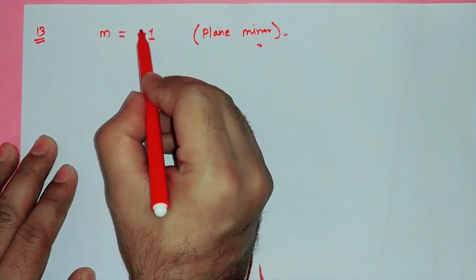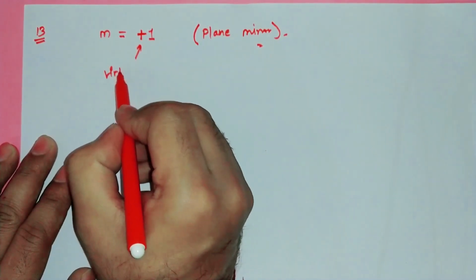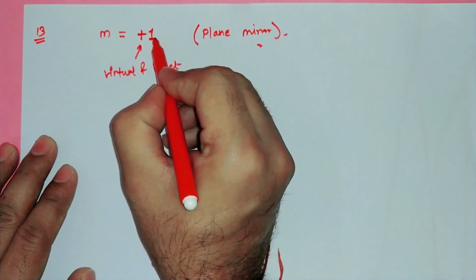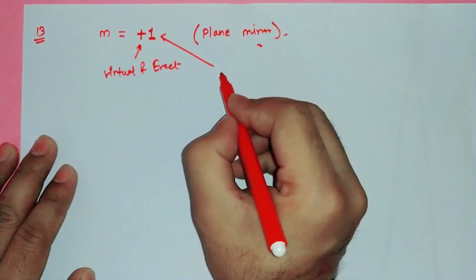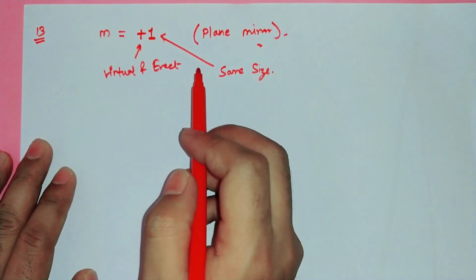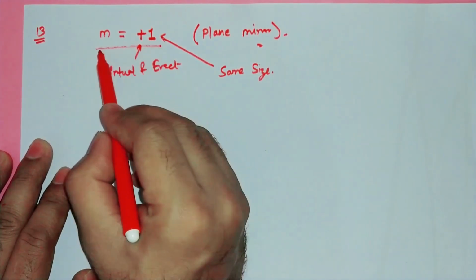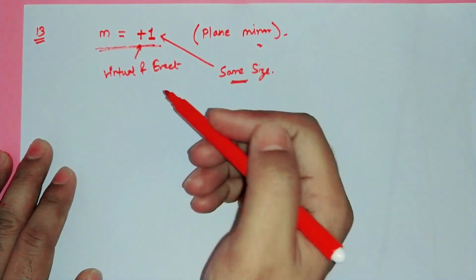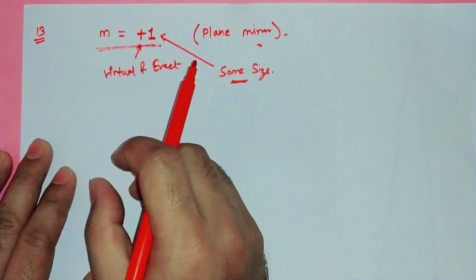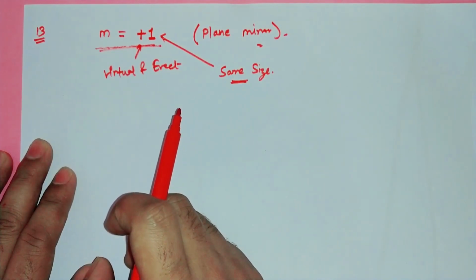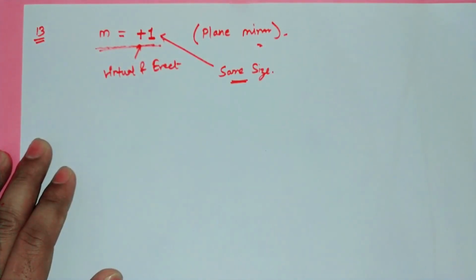We already know that a plus sign means the image is virtual and erect, and 1 means the same size. So the magnification produced by a plane mirror is +1, meaning the image is virtual, erect and of the same size. As you often see, whenever you stand in front of a plane mirror, the image of you is the same as the object, same as you. Clear?